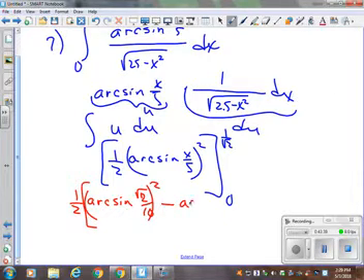Arc sine of 0 would be 0. Everybody agree with that? Yeah, arc sine of 0, and it's got to be squared, but that's going to be 0, right?